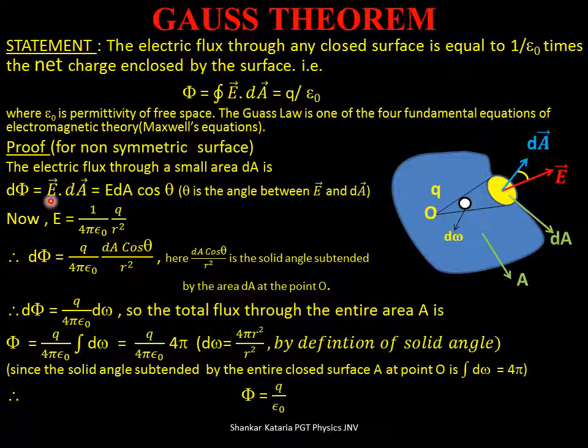Substituting this value of E in the equation of d phi, we get d phi as q upon 4 pi epsilon naught times dA cos theta by r squared.